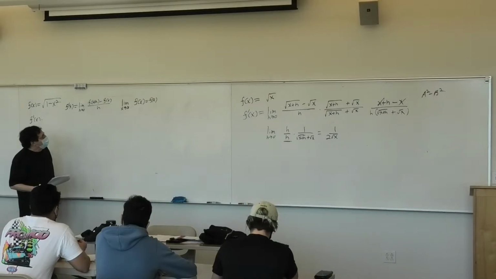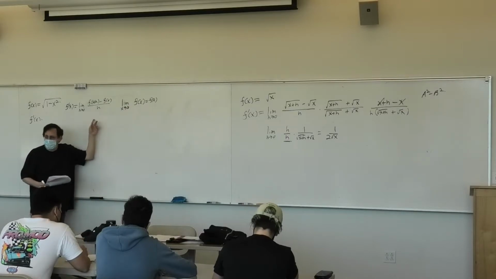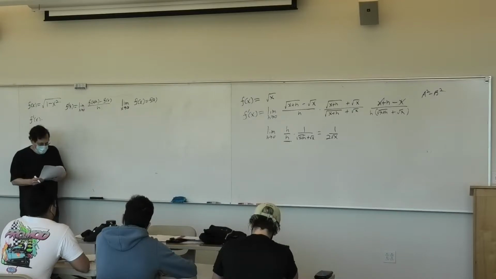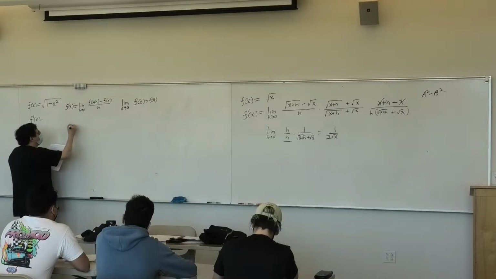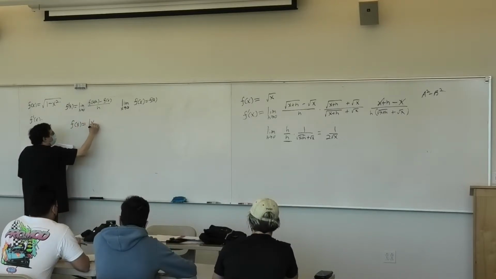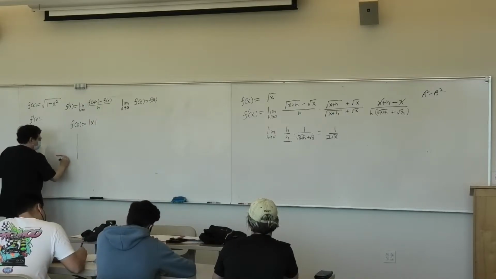On the other hand, if a function is continuous, is it always differentiable? It's a reasonable question. To investigate that, we're going to look at this function: f of x equals absolute value of x. It looks like this.